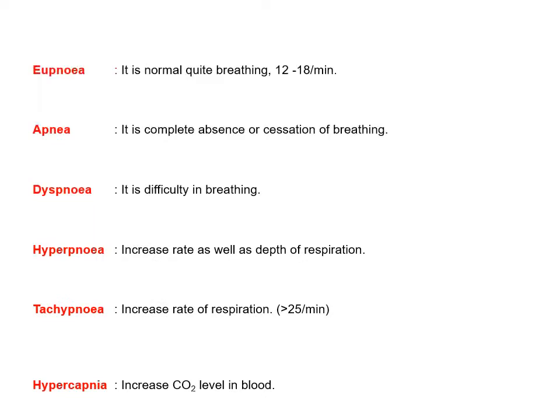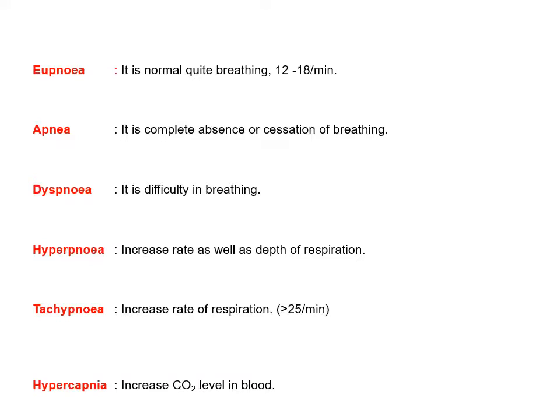Next, a few terms. What is eupnea? It is normal quiet breathing, where the respiratory rate will be 12 to 18 per minute. What is apnea? It is complete absence or cessation of breathing. What is dyspnea? It is difficulty in breathing. Hyperpnea is increased rate as well as depth of respiration.